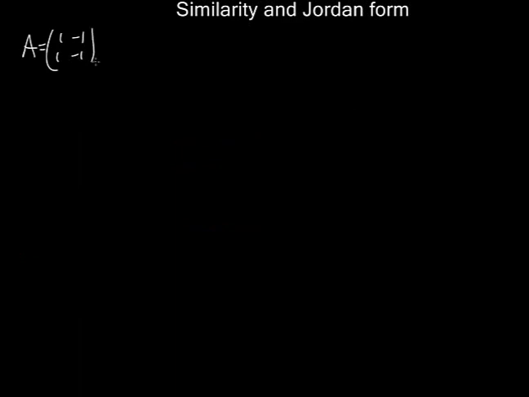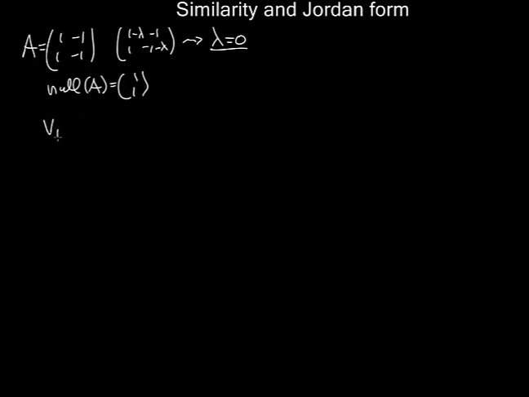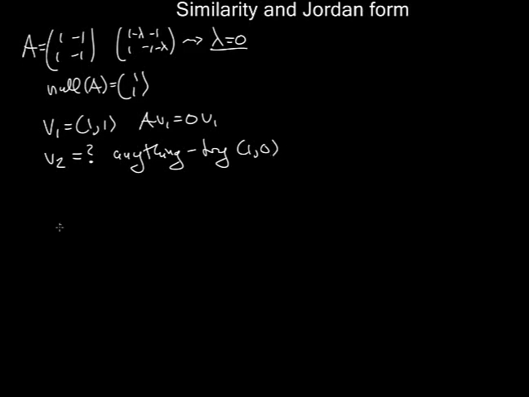Well, let's look at that a little bit more from the more computational point of view. If I compute the eigenvalues, I see that the only eigenvalue is 0. And what's the null space? Well, it has this vector 1, 1 in it, because A V1 is equal to 0 V1. And what are we going to take for V2? Well, let's take anything.